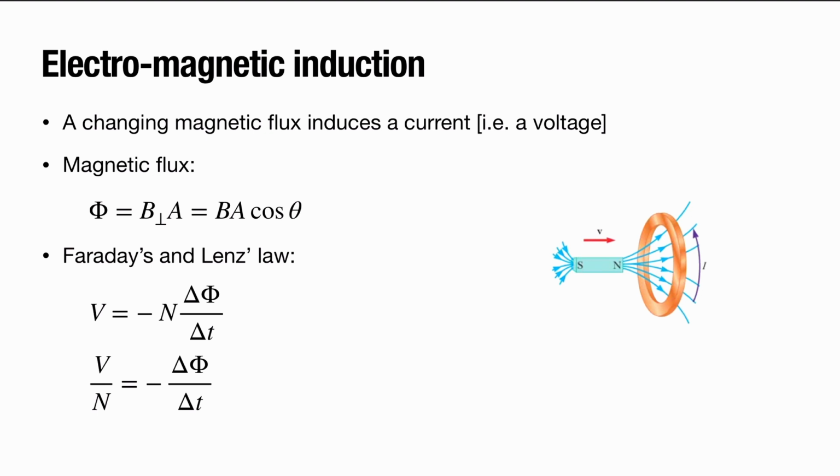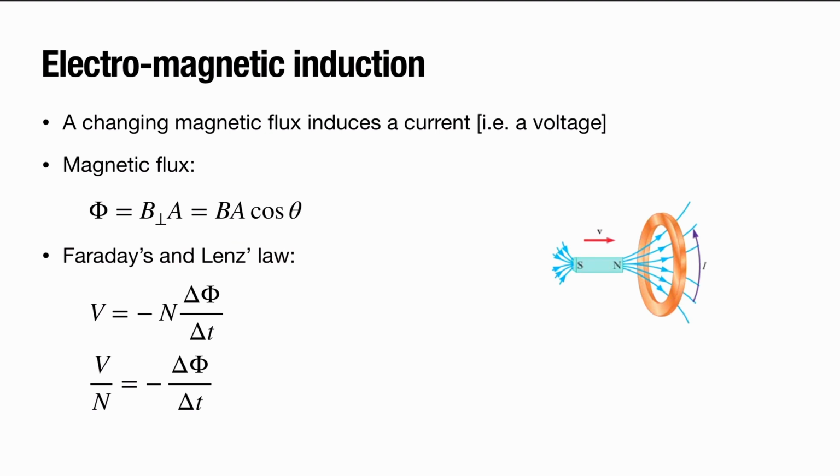Their collaborative work made it formal for us to understand how we can, given a magnetic field, produce a current. Faraday's law is more qualitative, while Lenz's law is more quantitative.